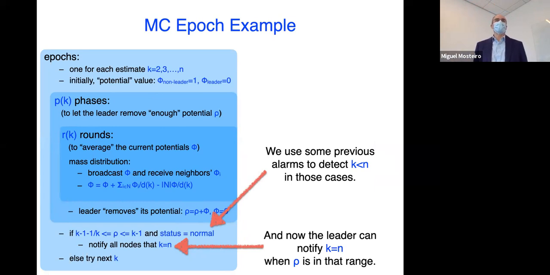It can just flood the network saying, "Hey, status is done. We are done. Everyone uses the same k because it's synchronous. So this k is indeed the network size." Otherwise, we just move forward to the next epoch and try the next estimate of the network size. Is the idea more or less clear?